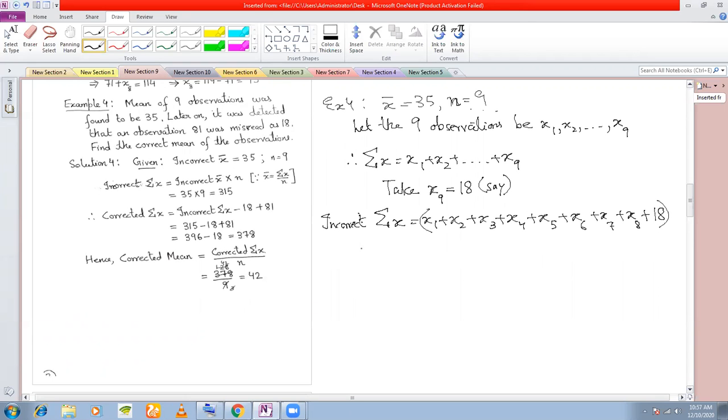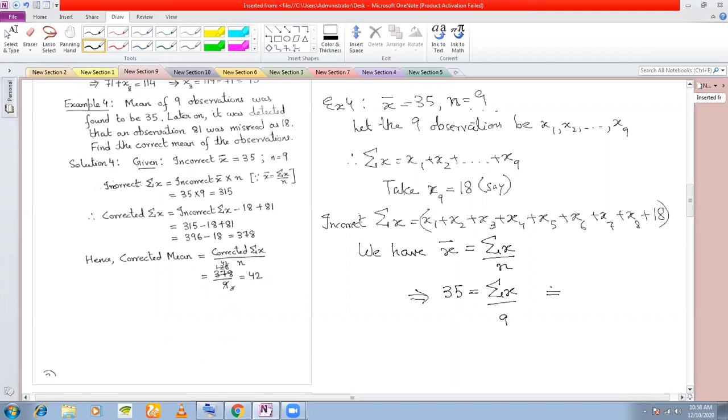Now from the formula for mean, we have x bar is equal to summation x by n, and x bar is given to you as 35, is equal to summation x by 9, since n here is 9.